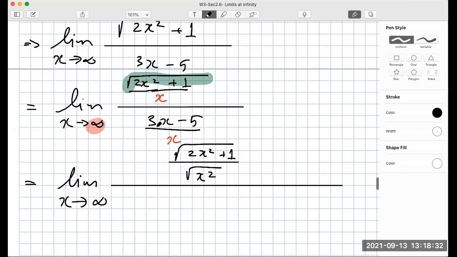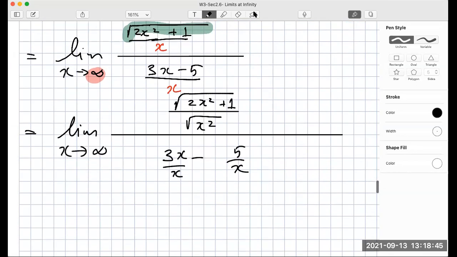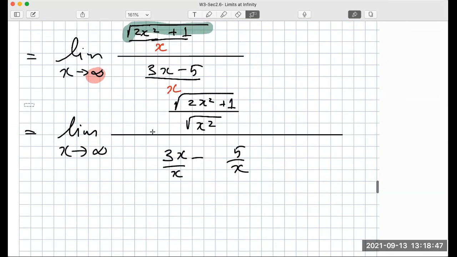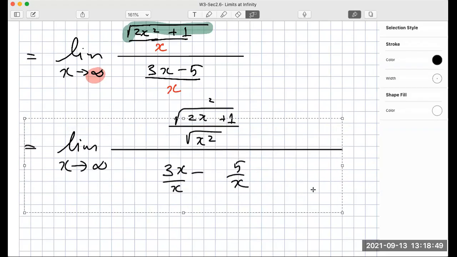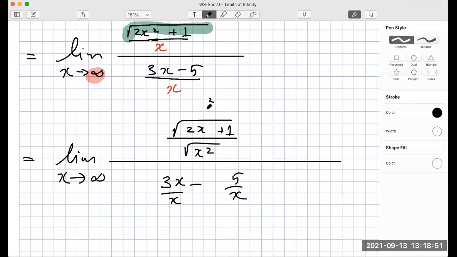And we simplify the denominator here. What do we have here? Okay. Is it clear up to this step? Yes. Why are we substituting that? We substitute this here because in the numerator, there's a radical term.